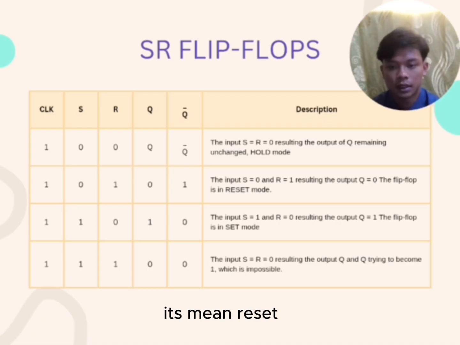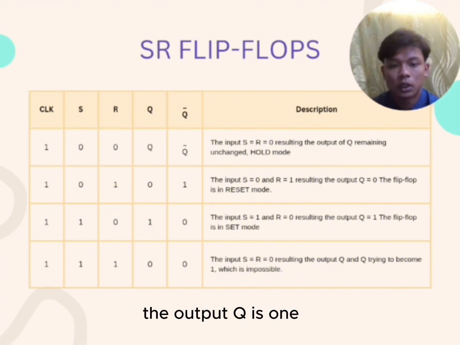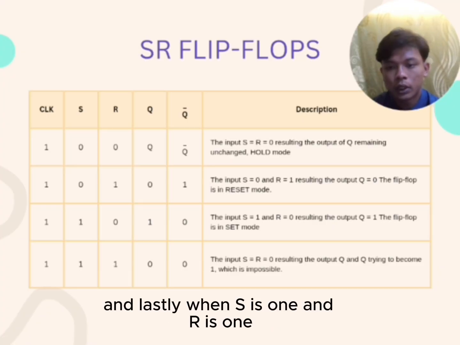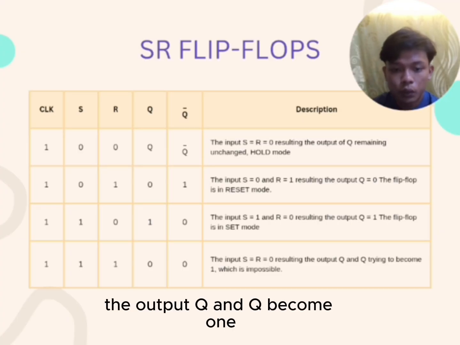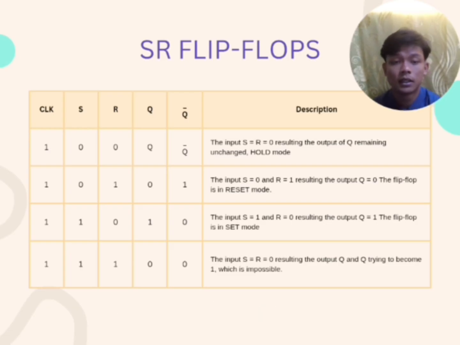It means reset. When S is 1 and R is 0, the output Q is 1, and it means set. And lastly, when S is 1 and R is 1, the outputs Q and Q prime become 1, which is impossible. It means invalid.